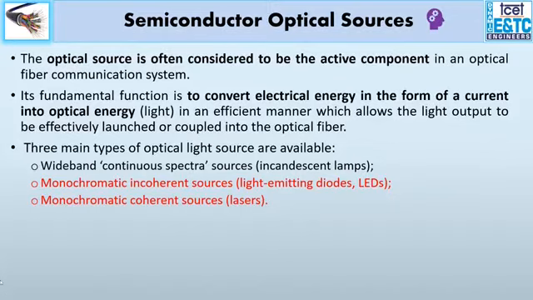For optical communication, we use the LEDs and the lasers, and not the wideband, continuous spectra source. The reason, as you know, is that its light is definitely not at the wavelength of minimum attenuation, and secondly the source is of such a large size that it is incompatible with the fiber.